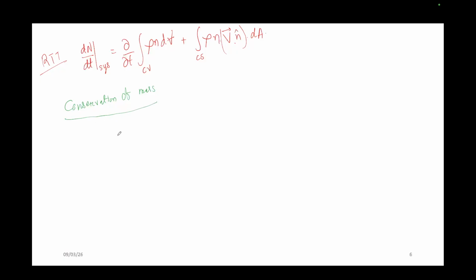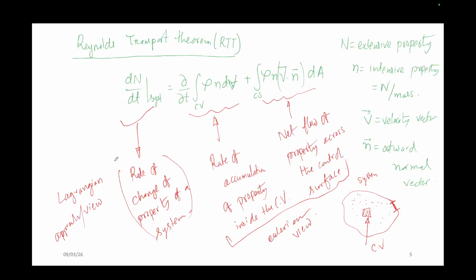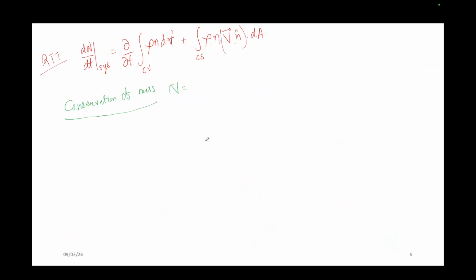So in the conservation of mass, what is the property? What is the extensive property here? Capital N is the extensive property we have studied earlier, and the intensive property is N by mass. Here N means your mass, and the intensive property is mass by mass, which is 1, right? So in this equation, if I put this in, what will I get?